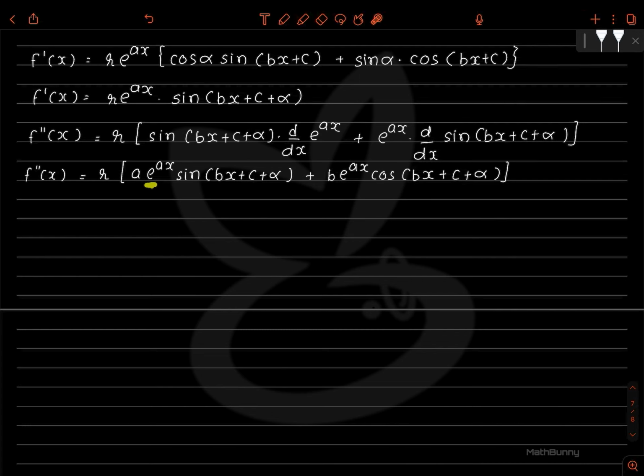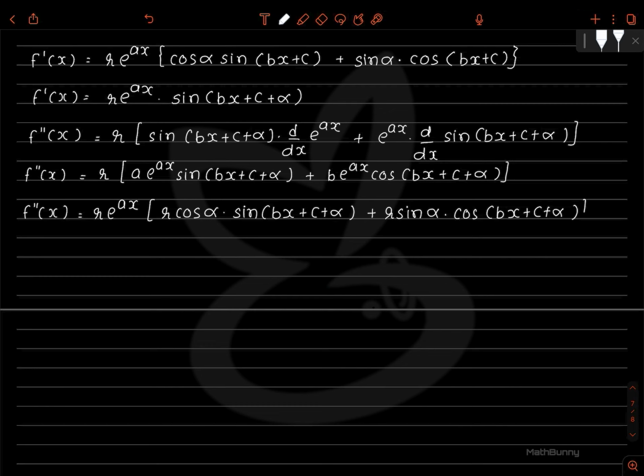We can take e raised to ax common and we will put the values of a and b. F double dash of x would be equal to r e raised to ax, r cos alpha into sin bx plus c plus alpha plus r sin alpha into cos bx plus c plus alpha.